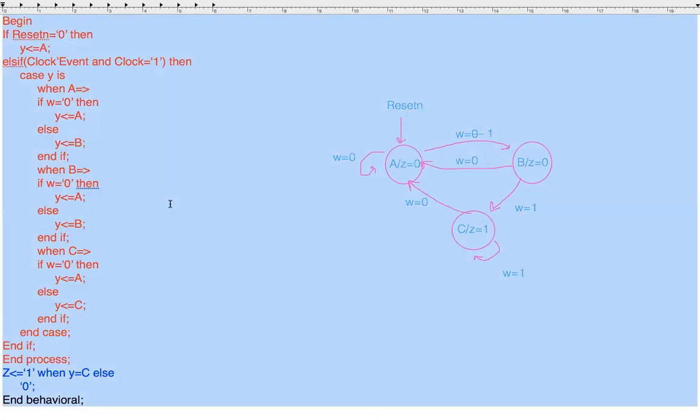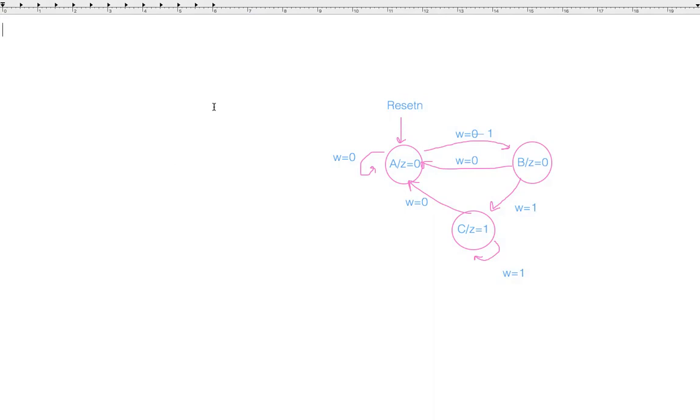Okay, so Mealy finite state machine. Remember, we start with the description, everyone, what we want happening. Then we go to the algorithm, what each of those states are. Then we go to the state table, or sorry, state diagram.